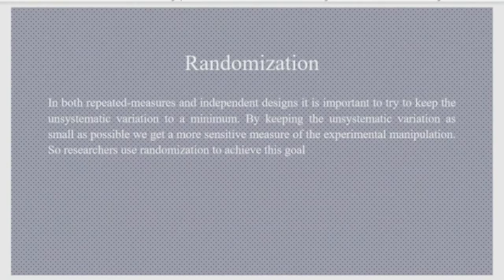It is not possible for me to select all the students from a particular city. So I will select only some students, and I decide randomly. Maybe I make a random table, and on the basis of that table I select some individuals, and those individuals will form a sample. So randomization is a method which we can use to control unsystematic variation.